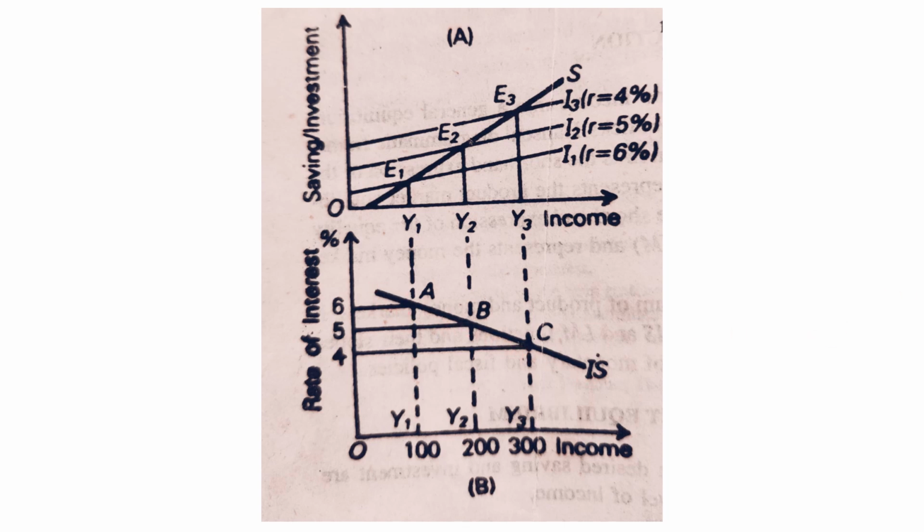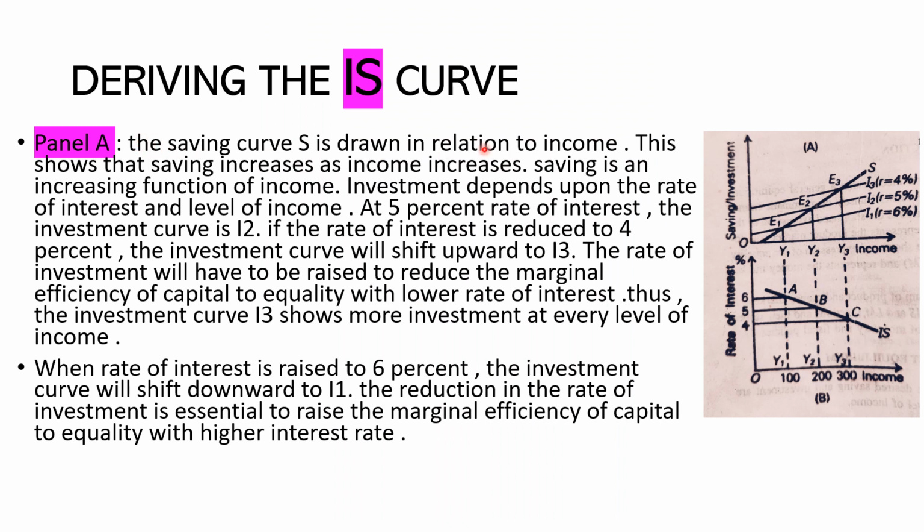Let us explain. Now I'll be talking about panel A of this picture. On this axis we are taking savings and investment, and on this axis we are taking income. What is shown is the S curve, which is the saving curve. First we will study savings in comparison to income.